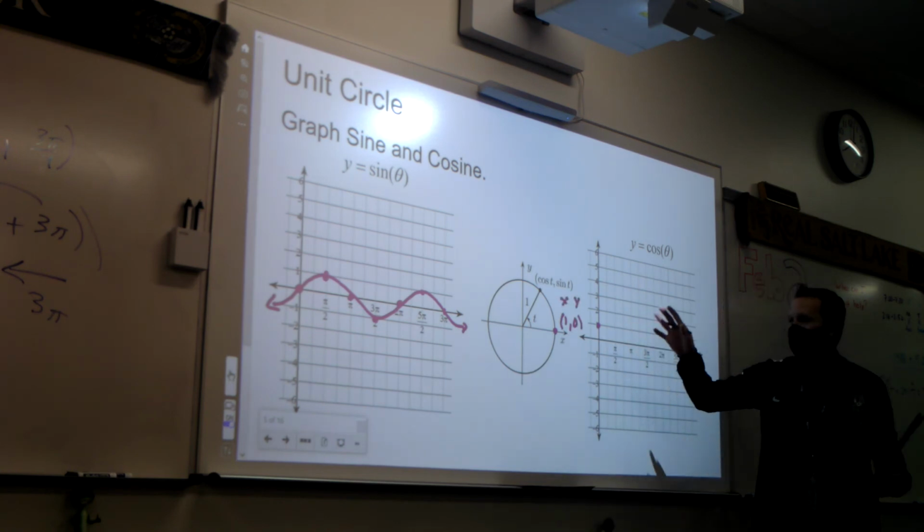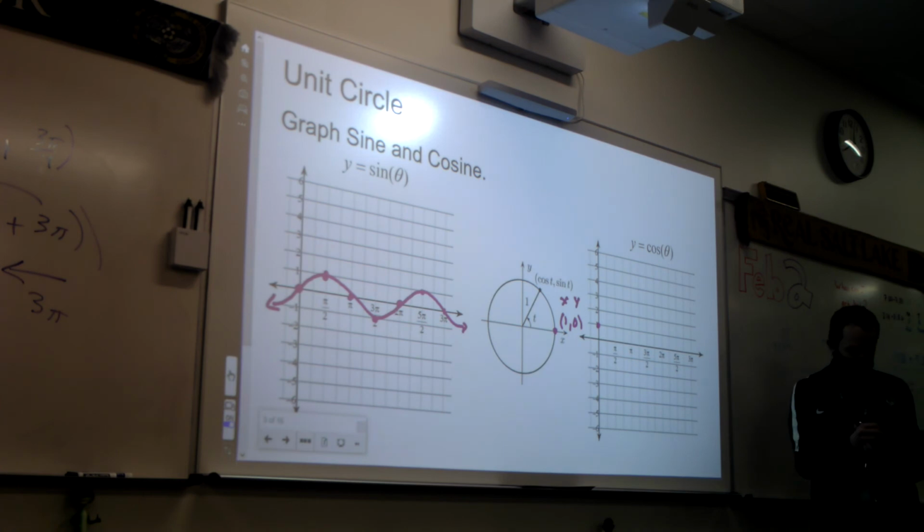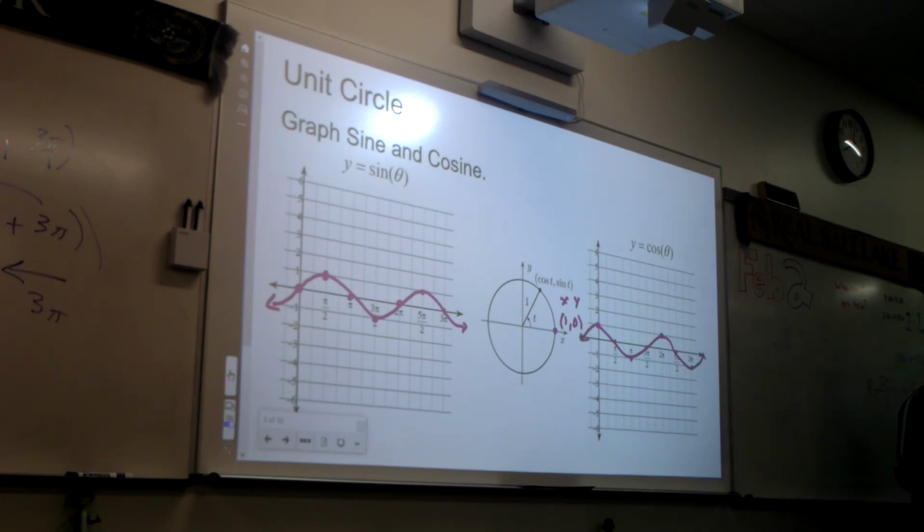So cosine is going to look a whole lot like sine, except it starts at its maximum point, which for the parent function is 1. It has the same period, so we're going to go all the way to 2 pi. But now at pi, it's going to be at its minimum point, which is negative 1. There you go. There's cosine.